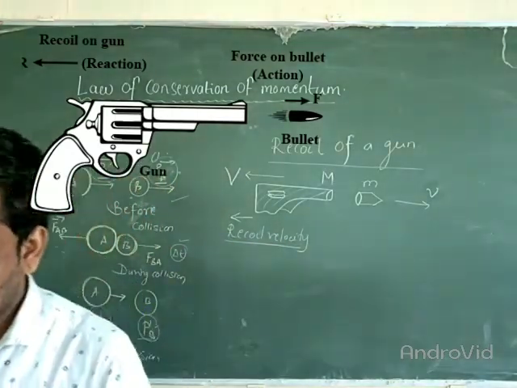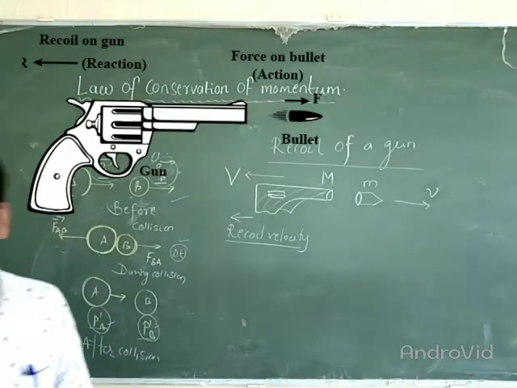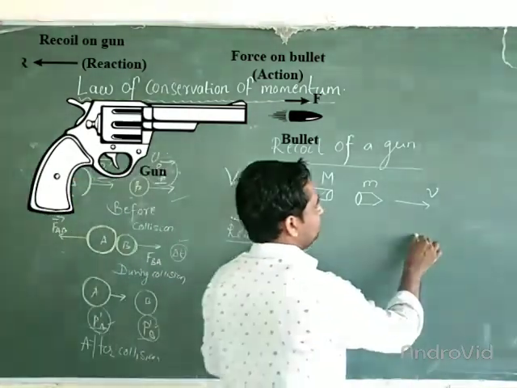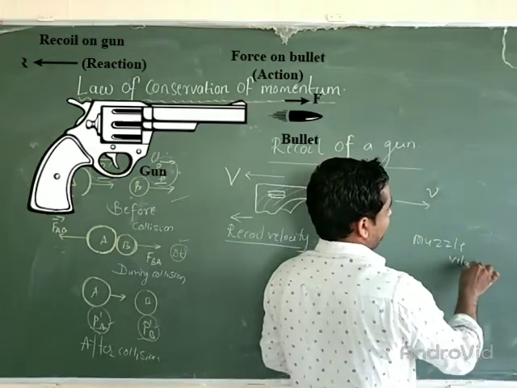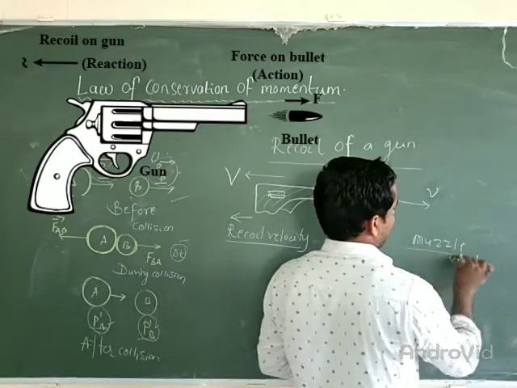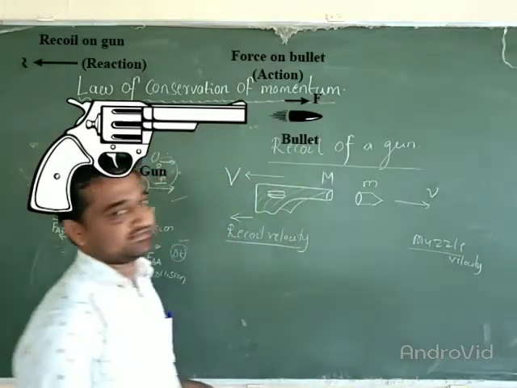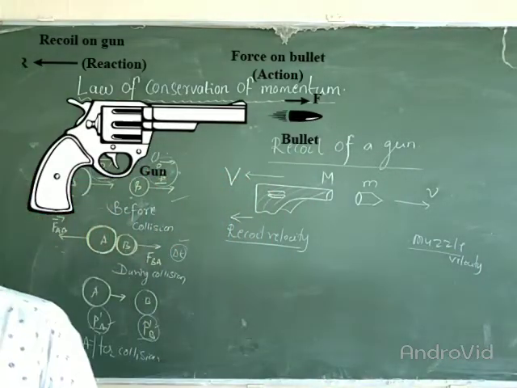And the velocity with which the bullet moves in the forward direction is called the muzzle velocity.